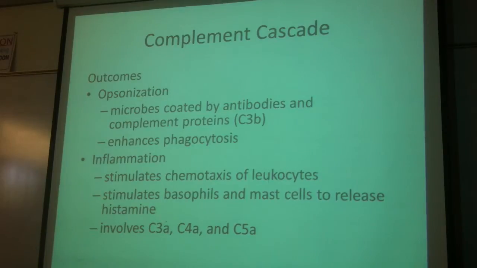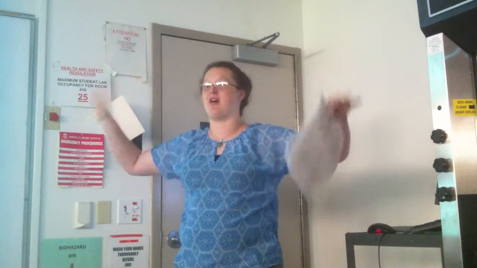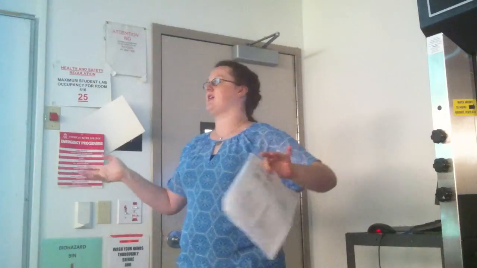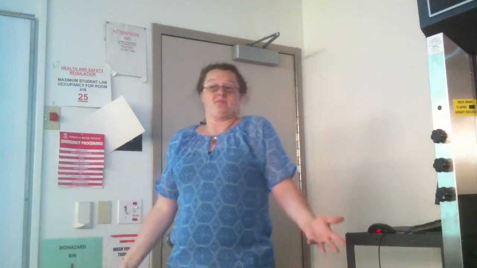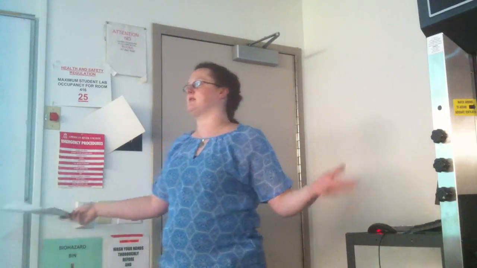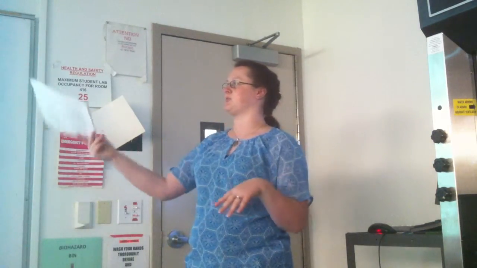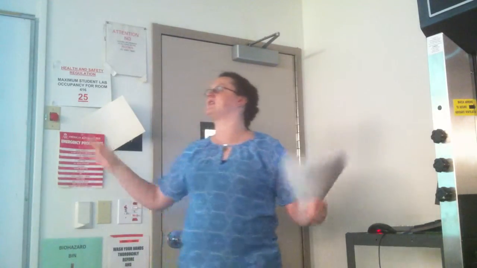It's one of those things where getting coated with antibodies is even more of a neon sign to the macrophages saying, eat here, come here, engulf this, this is wrong, we're trying to slow it down. That's why it enhances phagocytosis: because antibodies just keep attaching, and you get a bigger and bigger signal.